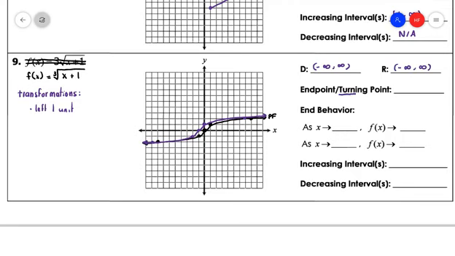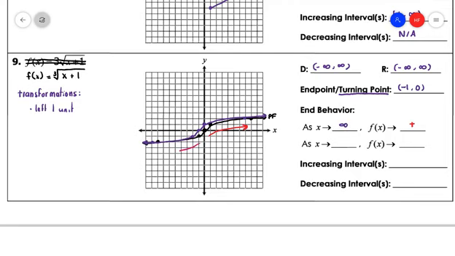And on a cube root function, we have a turning point. That turning point used to be (0, 0), but we moved it to the left 1, so now it's (negative 1, 0). So as x approaches infinity, so as x is going this way, f of x increases.